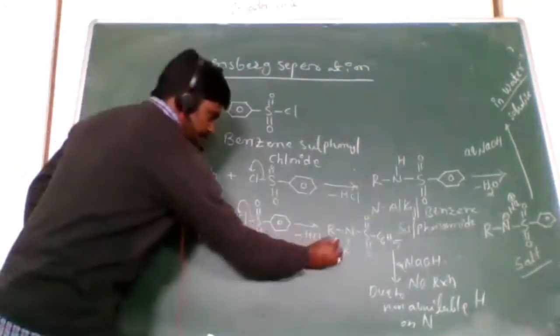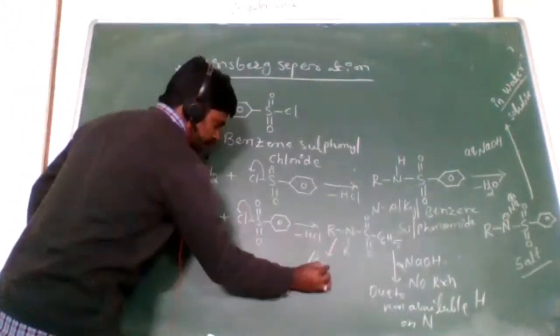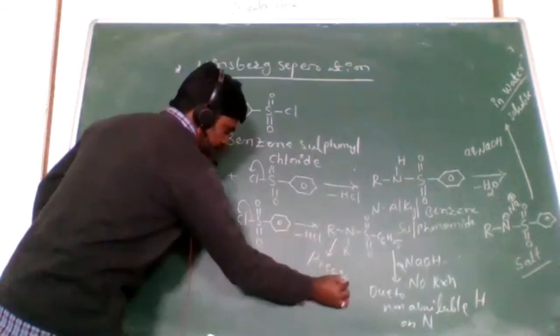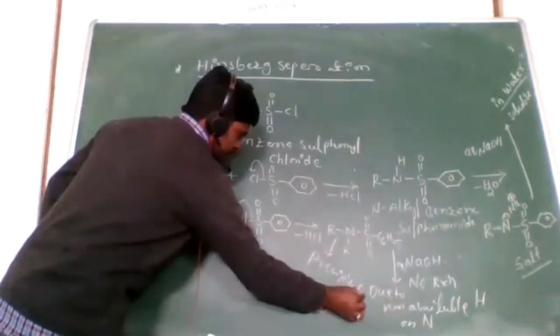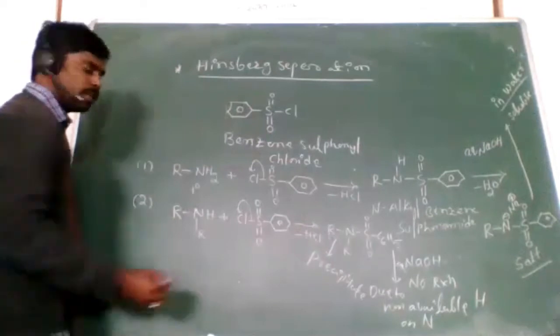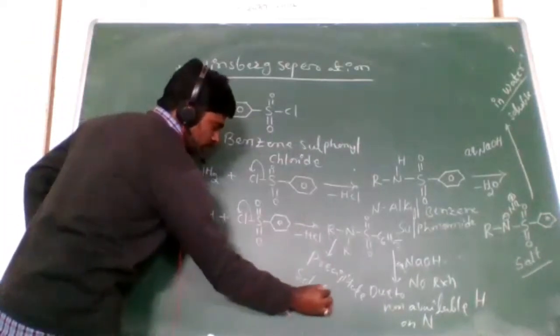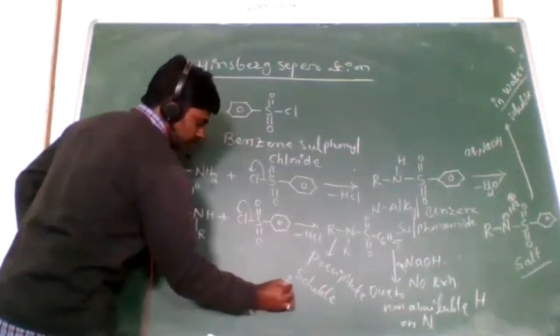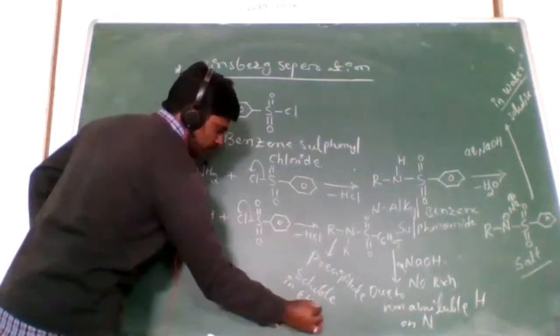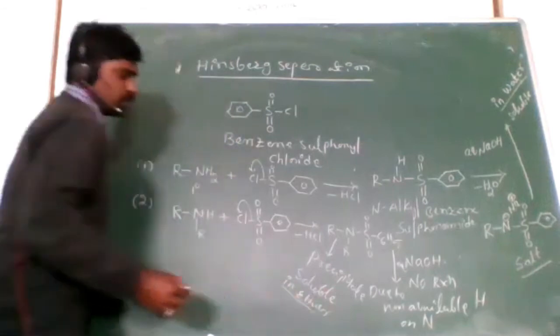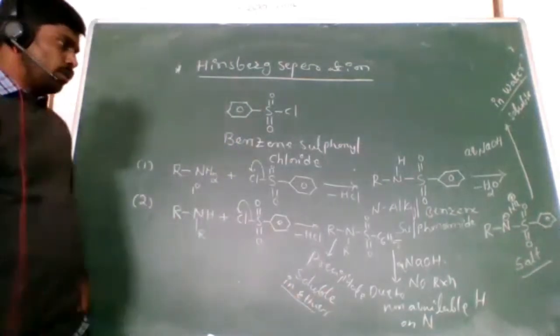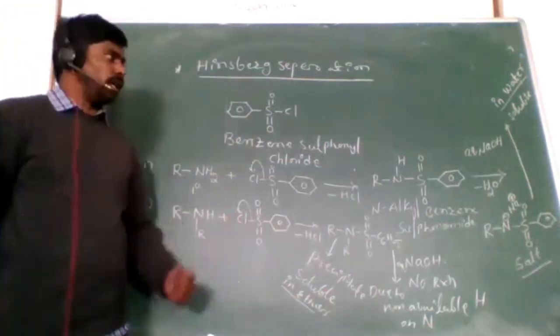So this precipitate, which is formed, is not soluble in water, sorry, it is soluble in ether. Where is it soluble? Ether only, not in water. So this is the separation of the secondary amine.